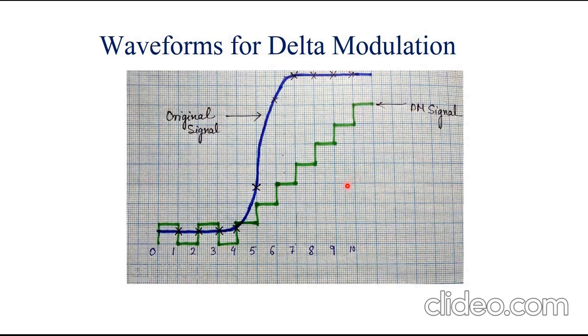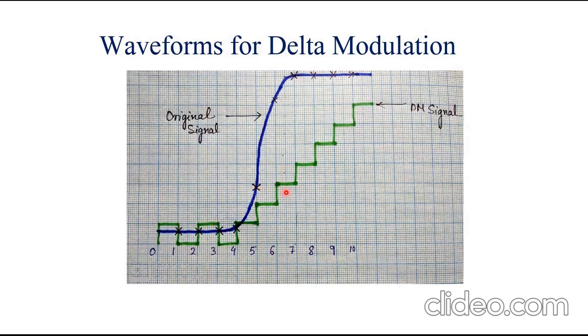So in the delta modulated output, when the input signal is less than the staircase signal, there will be a minus delta step size, and when the input signal is greater than the staircase signal, there will be a plus delta step size.